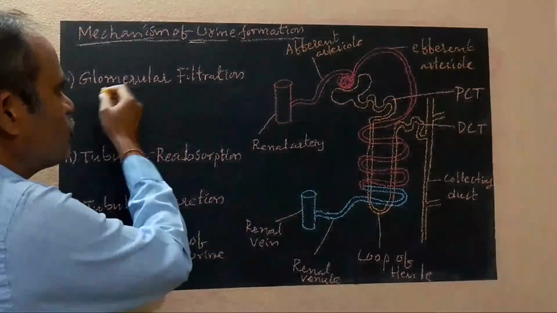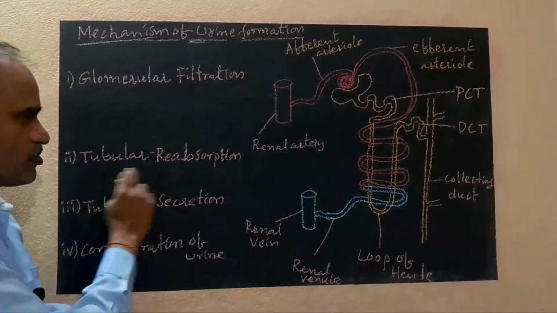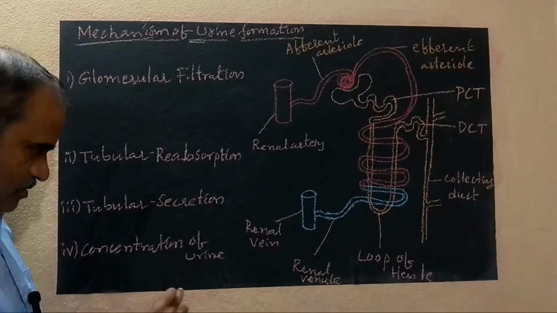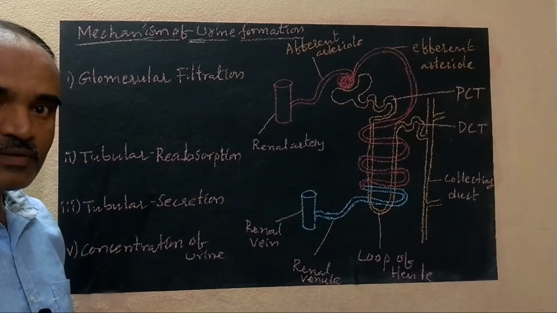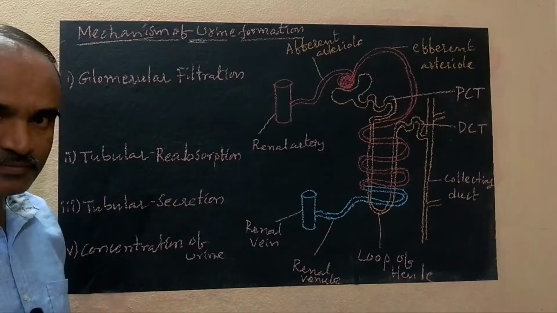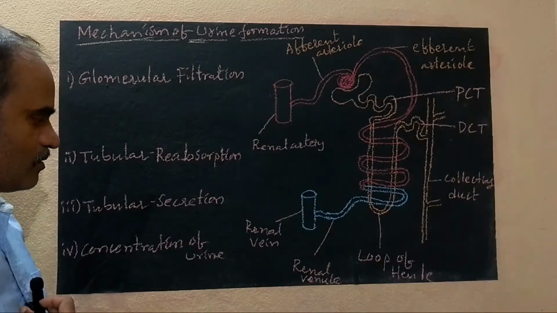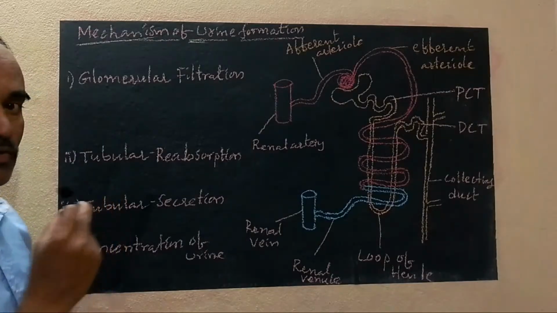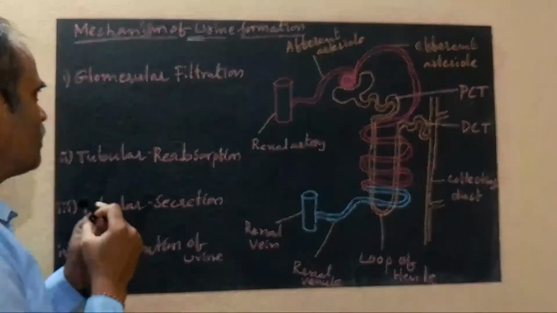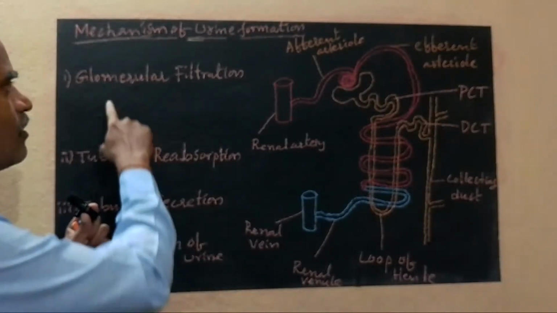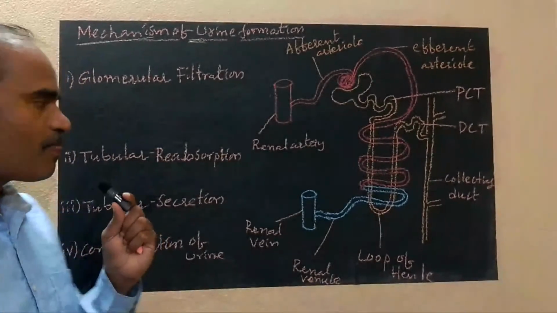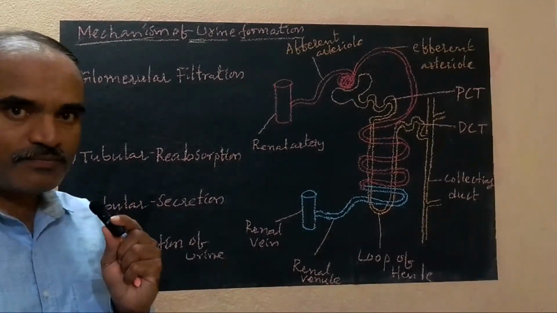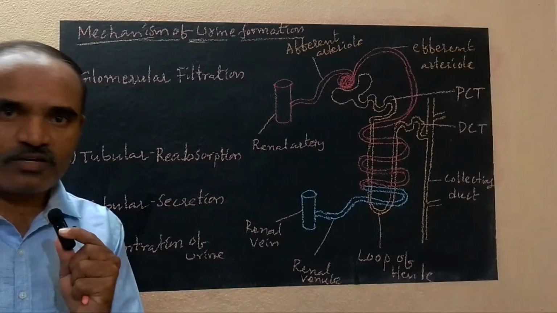The first stage is glomerular filtration, then tubular reabsorption, tubular secretion, and concentration of urine. Okay, total four stages.